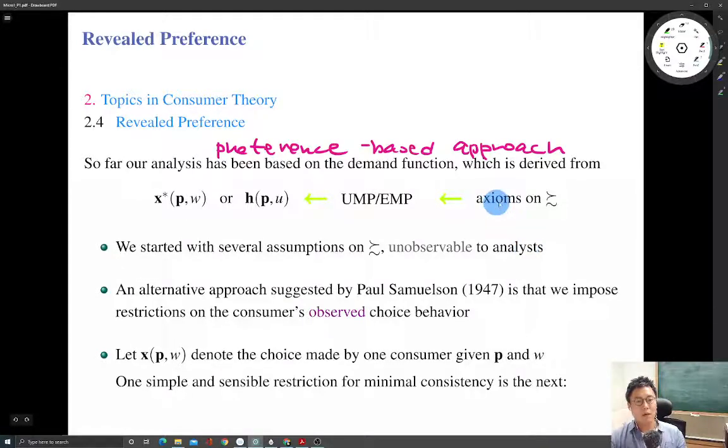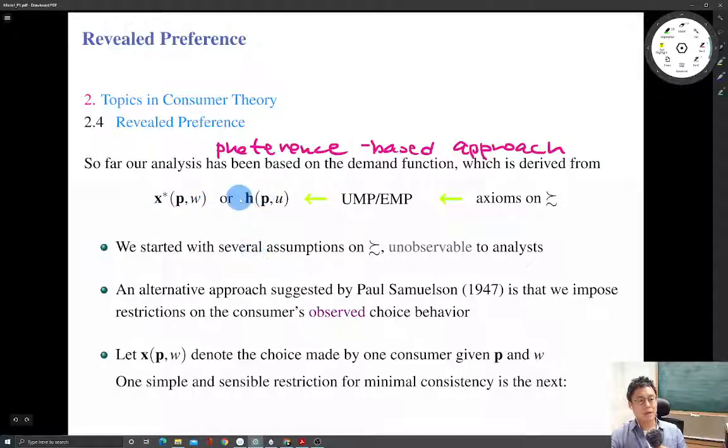So we began by making assumptions on what we can't observe. That is a major shortcoming of this preference-based approach. The alternative approach, suggested by Paul Samuelson, who is known as the founder of modern economics, is this: instead of making assumptions on what we can't observe, what if we impose restrictions or conditions on what we can observe?